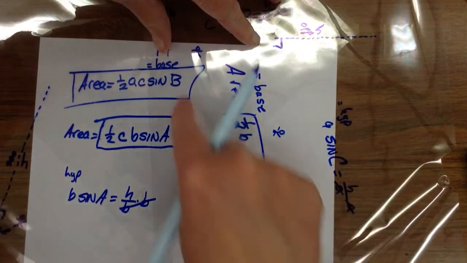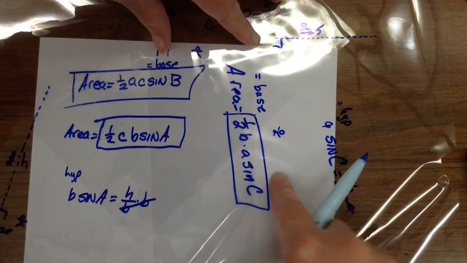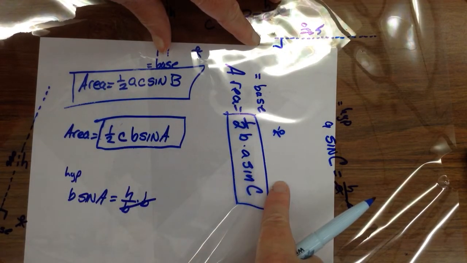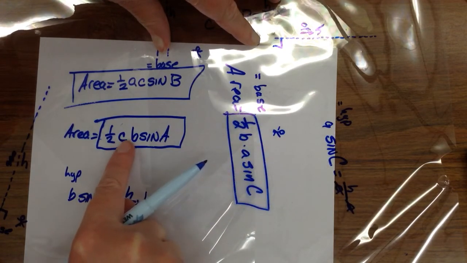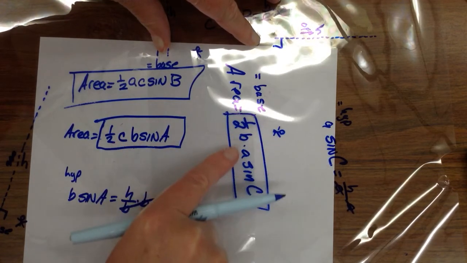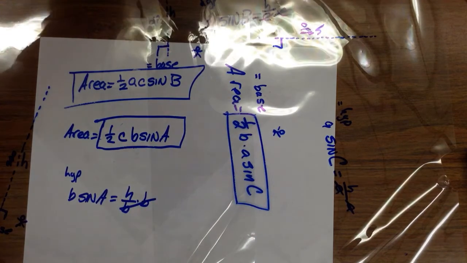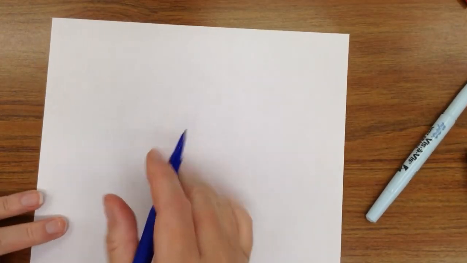I'm going to write all 3 of these down, and they're all equal to the area, so they are all equal to each other. I'm also going to alphabetize. Instead of CB, I'm going to write BC. Instead of BA, I'm going to write AB. So writing all 3 of these area formulas next to each other, here's what I get.